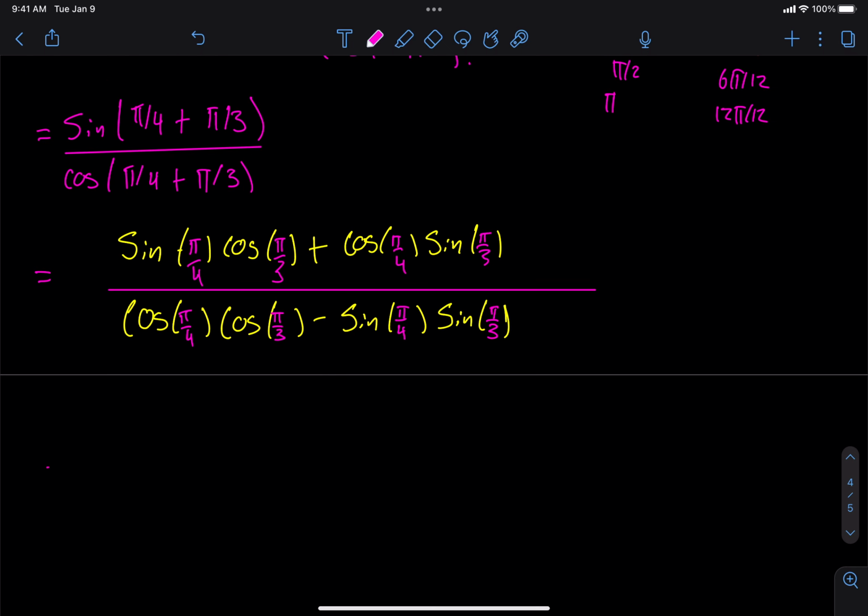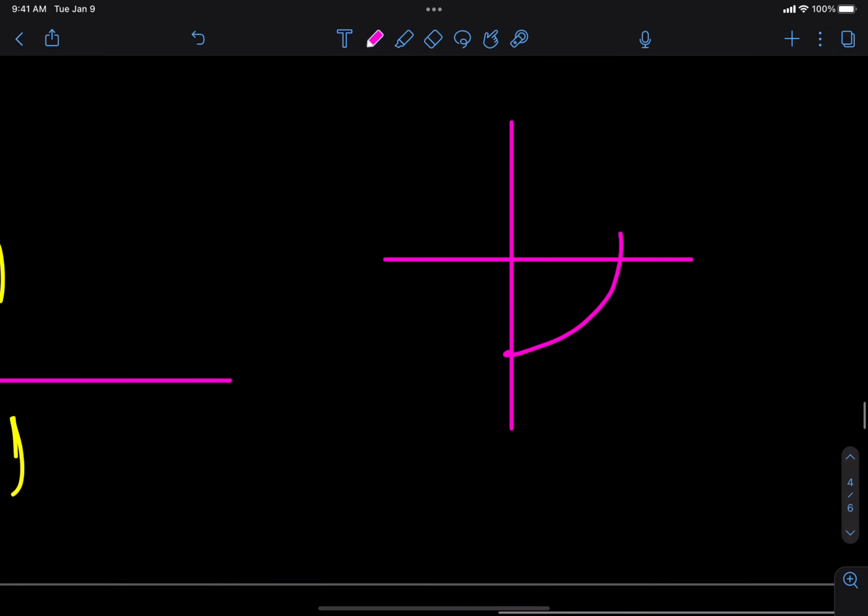Okay, and then from here, we just need to evaluate sine of pi over 4, cosine pi over 3, cosine pi over 4, sine pi over 3. Okay, so the two angles which are going to be relevant are pi over 4 and pi over 3. So let me just do this in complete. I can be very complete with this problem.